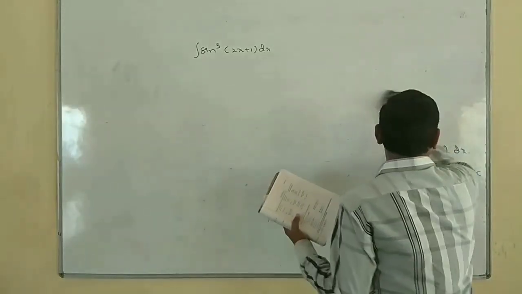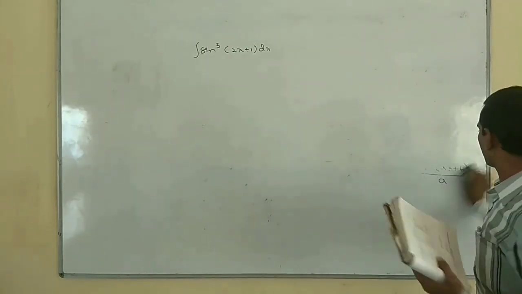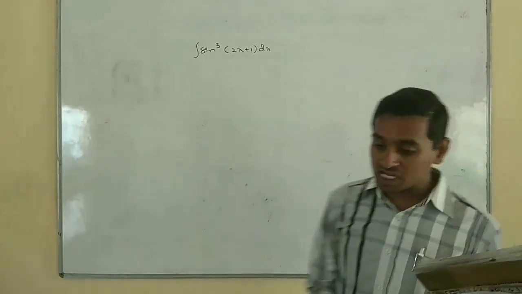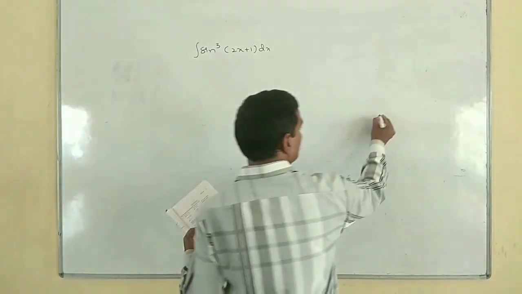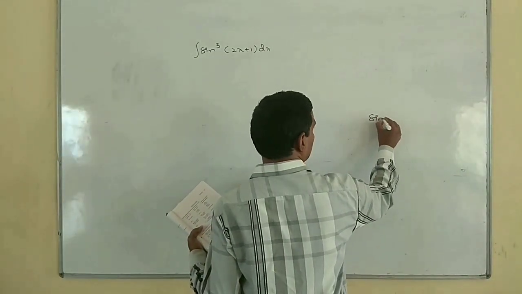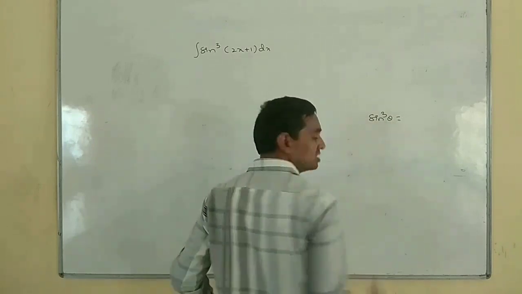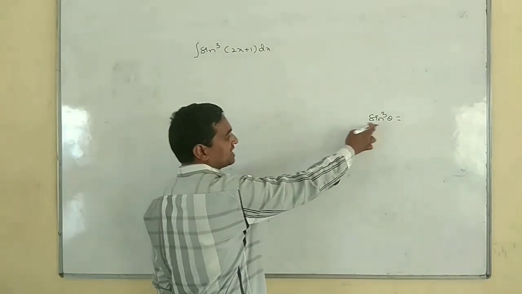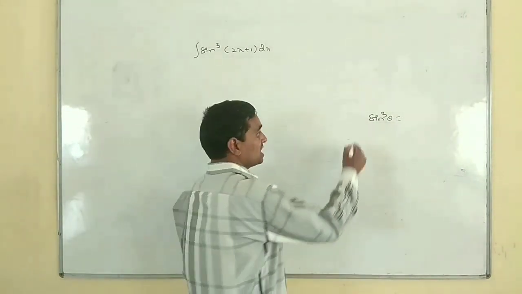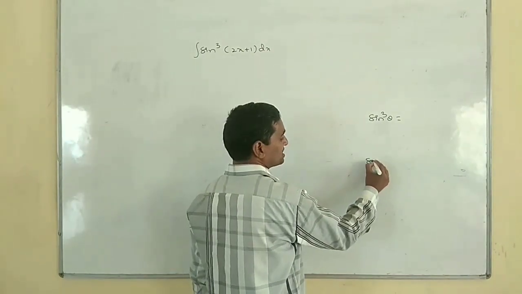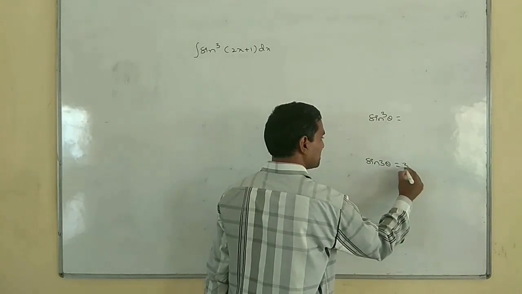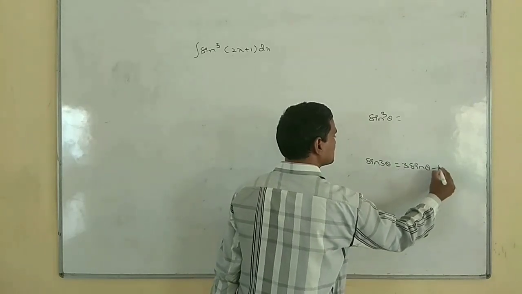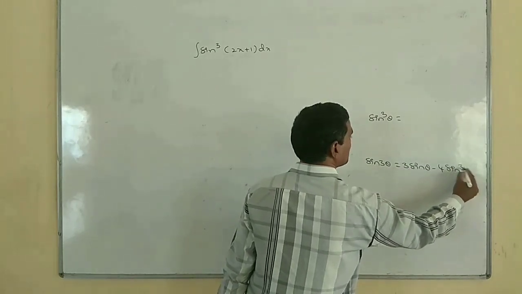This also must be converted into a sin 3 theta form. What is the formula for sin cube theta? The sin 3 theta formula is 3 sin theta minus 4 sin cube theta.